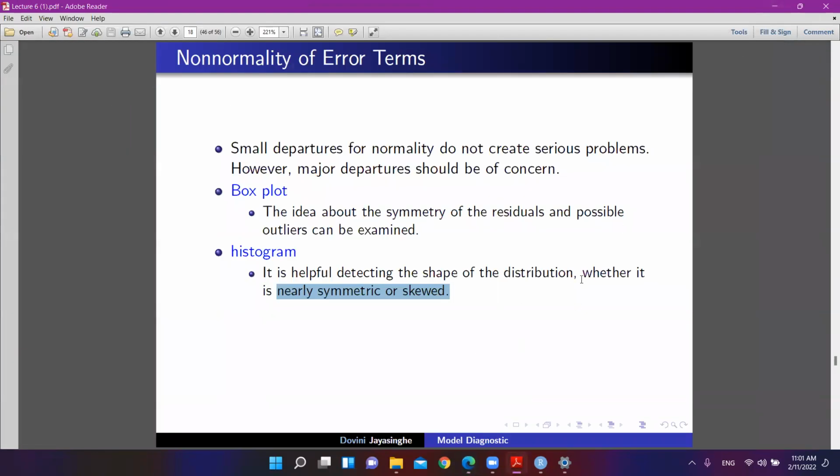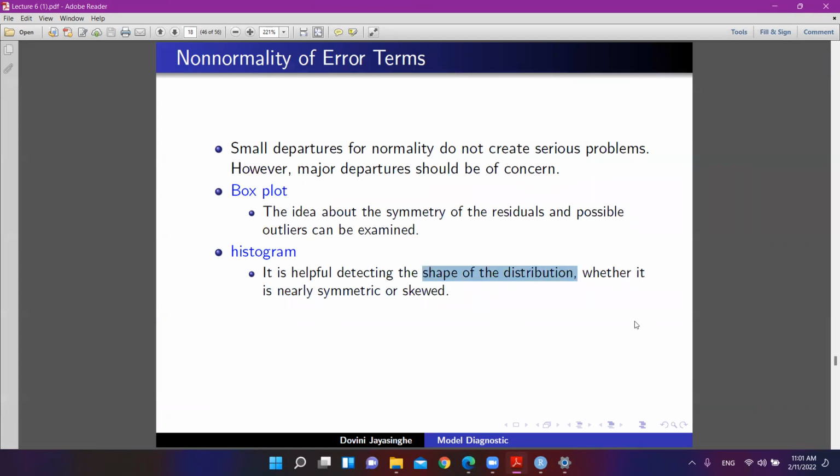So by looking at the histogram, you can say it is either symmetric or skewed, nearly, not perfectly, but you cannot say whether it is normal or not. It's just giving you some idea about the shape of the distribution.